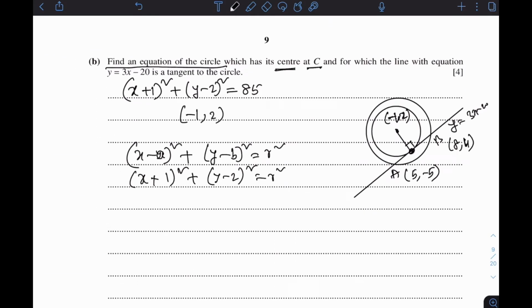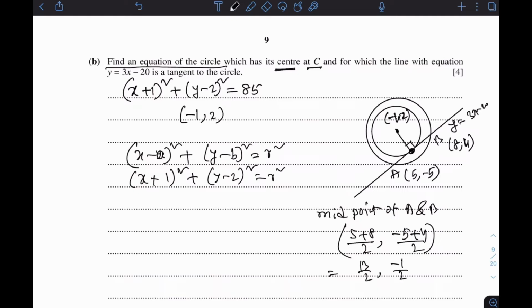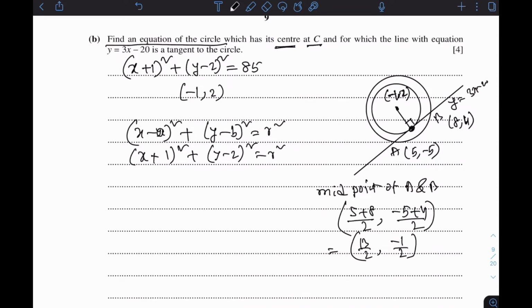Okay, so the midpoint of A and B is ((5 + 8)/2, (−5 + 4)/2). Let us simplify. It will be 13/2, then −1/2.